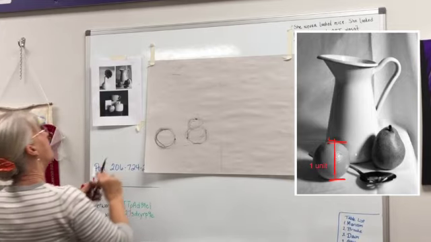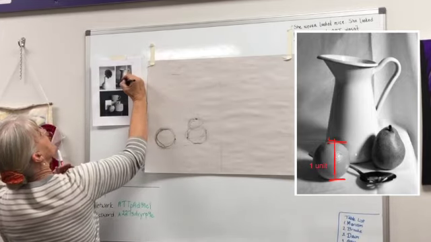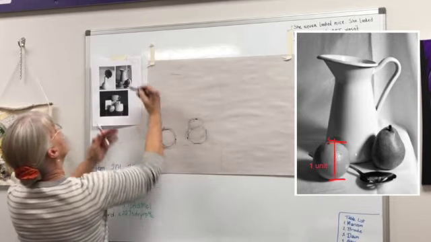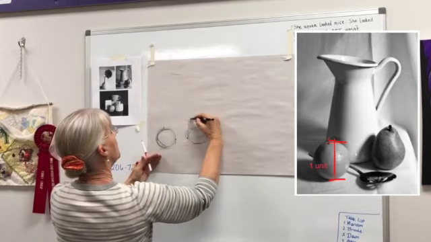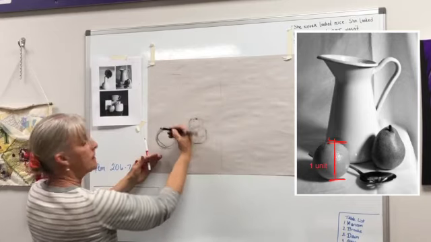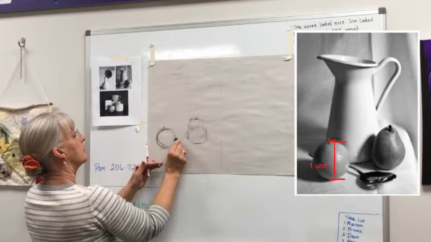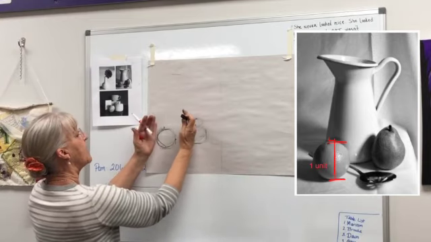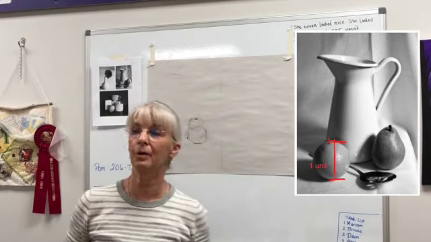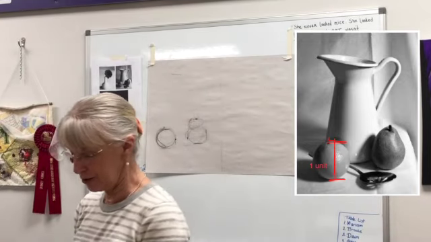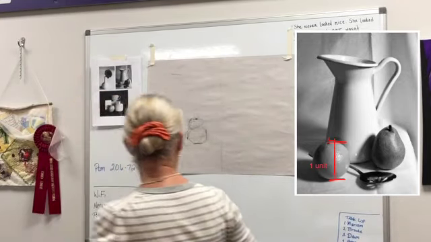Where does it touch? It touches right about there on the orange. Where does it touch on the pear? It touches about here on the pear. So between this and this base, that's going to give me basically where my picture's going to be in relationship to the other items that are there.